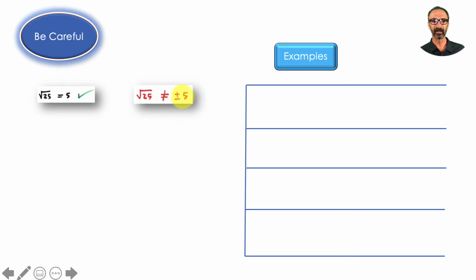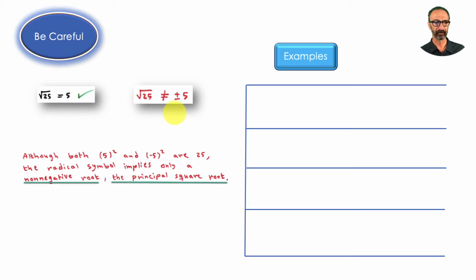If you are thinking plus minus 5, it's because you're thinking that 5 times 5 will take you back to 25, and negative 5 times negative 5 will take you back to 25. If you think that way, it works, but square root of 25 is the principal square root, and it's a non-negative number. You want to keep that in mind.